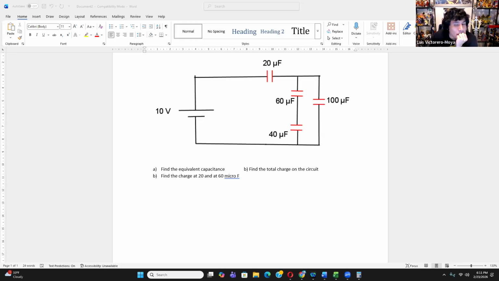All right. What's the answer for part A? Maybe 17.2.